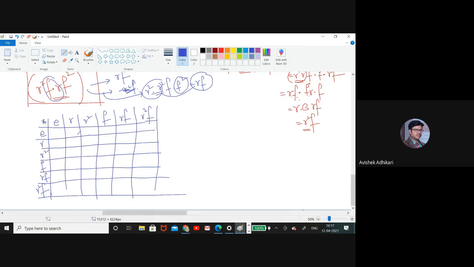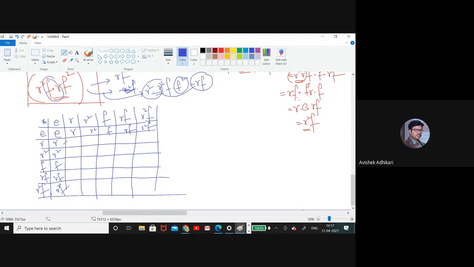I will do the simplest part of it. If I multiply by E, then it becomes E, R, R square, F, RF and R square F. Similarly for the column, you will have R, R square, F, RF, R square F, and you need to fill up all the remaining entries.